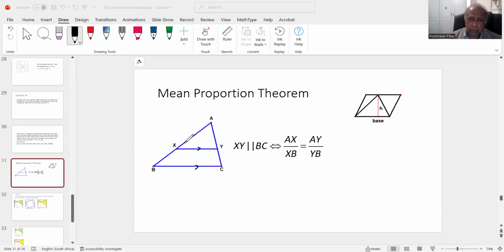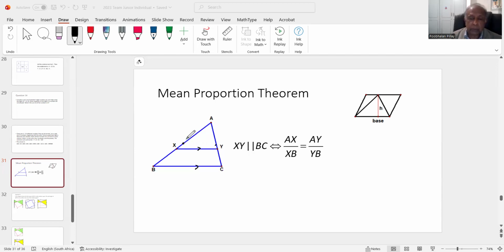So if X was the midpoint, for instance, then the ratio AX to XB will be 1. So this other ratio will also be 1. So AY equals YC.